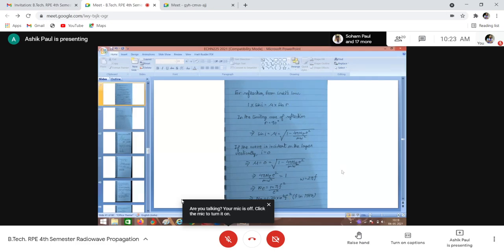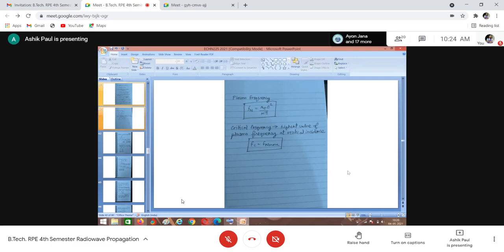Now, to get some idea about what is meant by this f, we can say this is the highest frequency which will be reflected back at vertical incidence. This f, derived from this relation, has a special name: critical frequency.